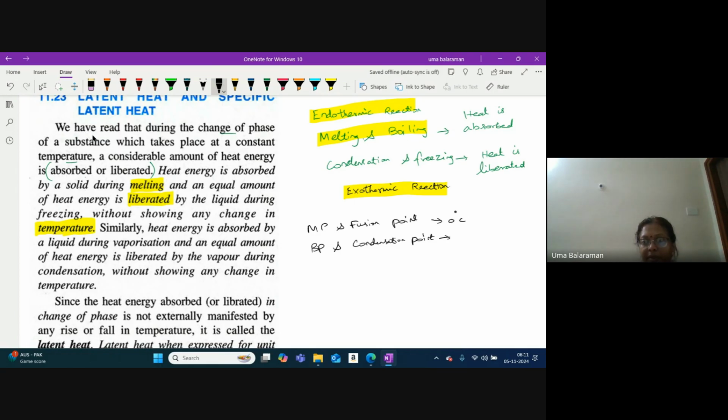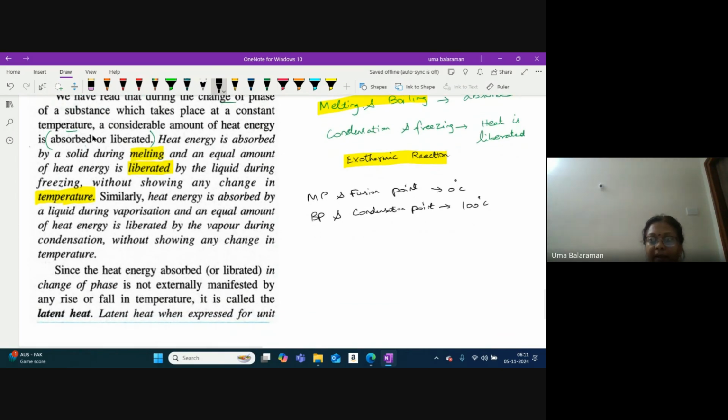Condensation point means the temperature at which it condenses to water. So the temperature remains the same for ice to water or water to ice.